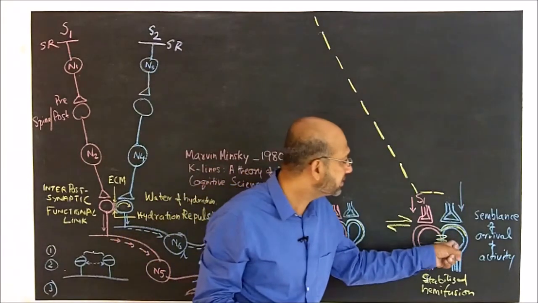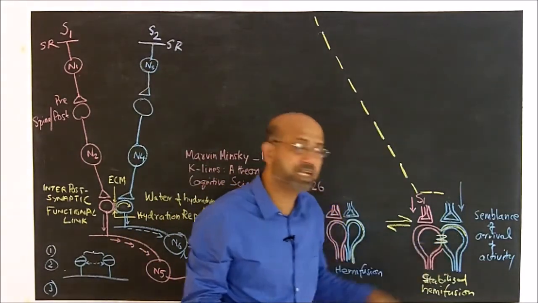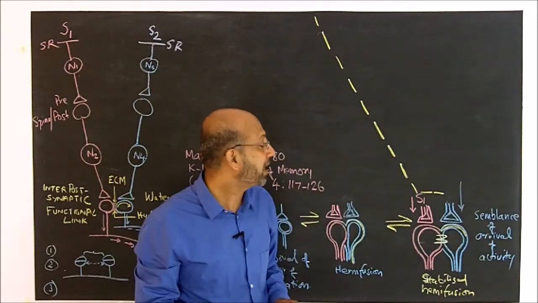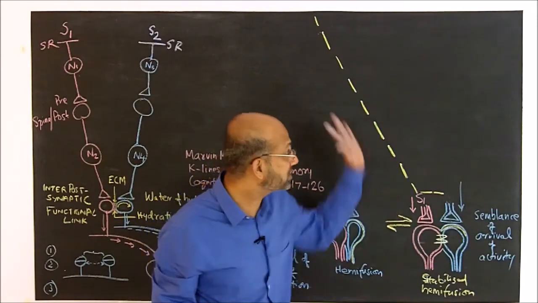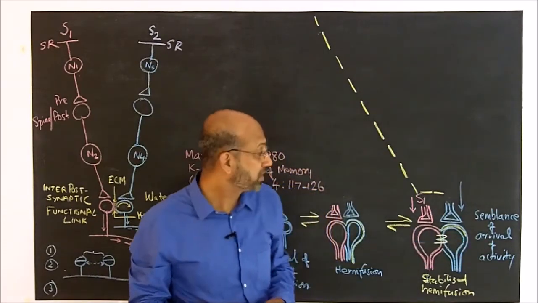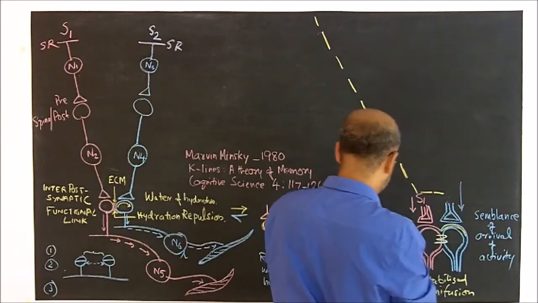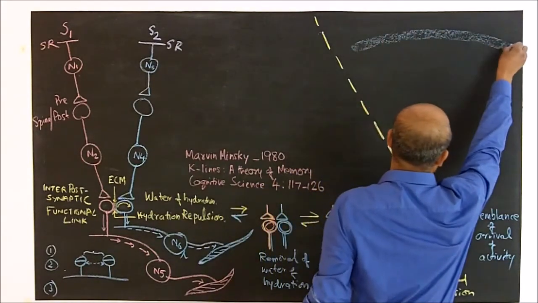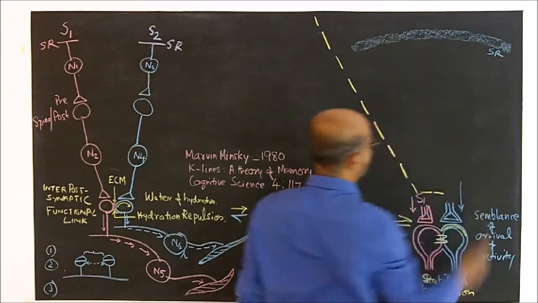So what is this dendritic spine hallucinating about? The content of the hallucination should be the activation of the sensory receptors that it is connected to. So it is hallucinating about receiving activity from the sensory receptors.